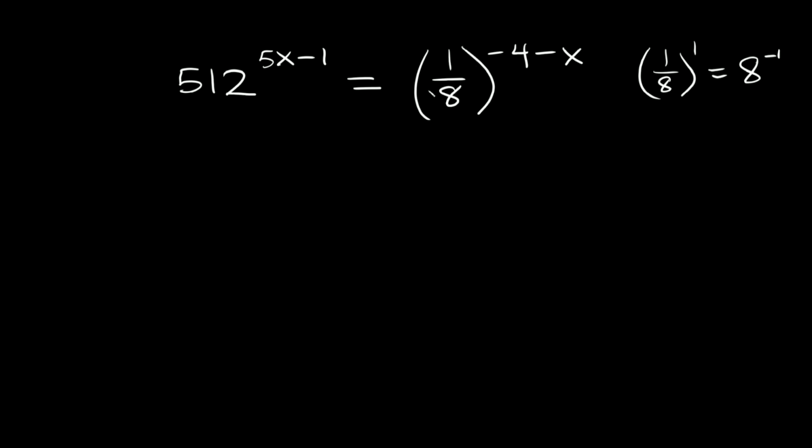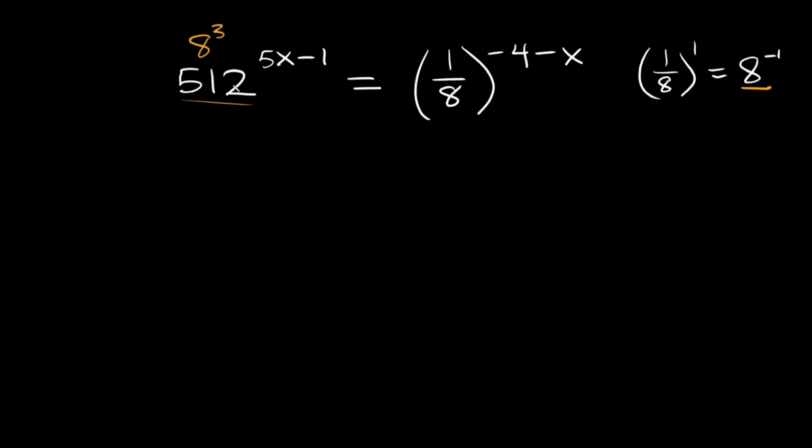So we're going to replace this 1/8 with an 8 raised to the negative 1. And the reason we're going to do that is because then we'll have a base of 8, right? And then you can see we have a big number here, so 512. So is there a way to rewrite 512 to have a base of 8? Well, there is, okay? Because 512 is the same thing as 8 raised to the third power.